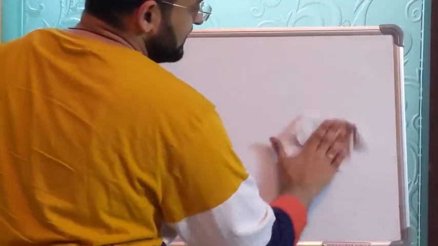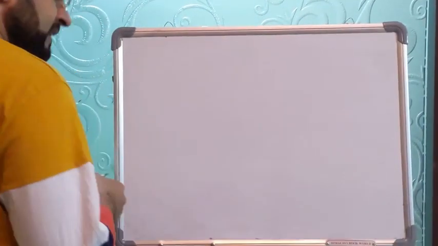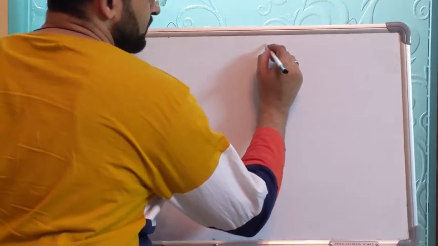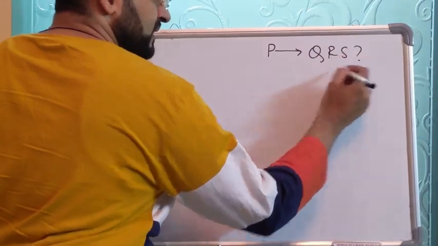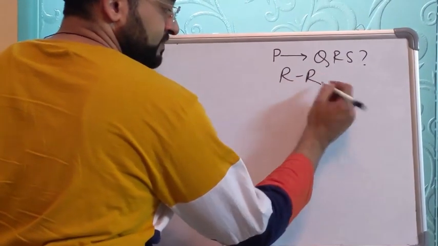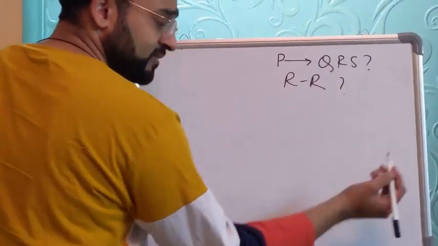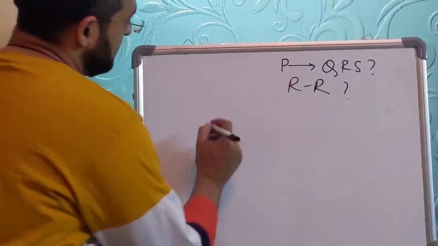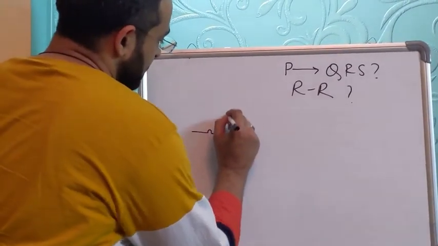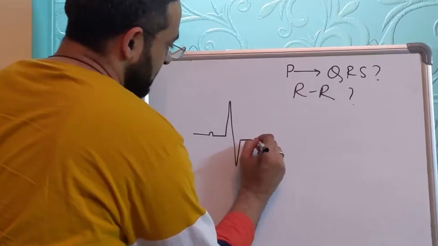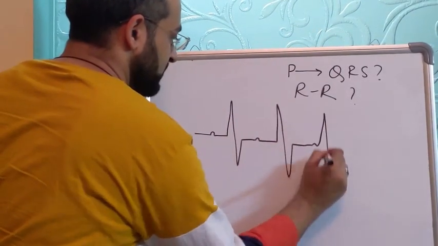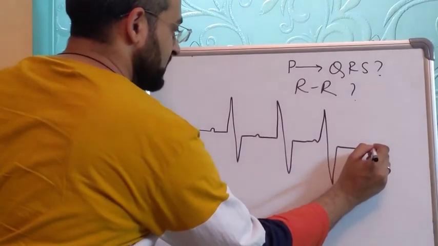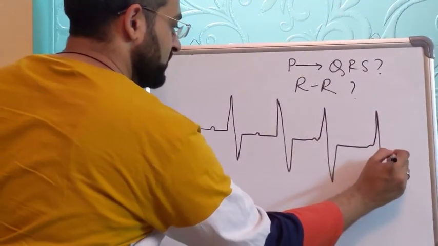So how do you recognize a sinus rhythm on an ECG? Is it enough to say that there should be one P wave and following this there should be one QRS with a regular RR interval? Is that enough? Let's take that example. Here you have a P wave, QRS, P wave, QRS, P wave, QRS, P wave, QRS.